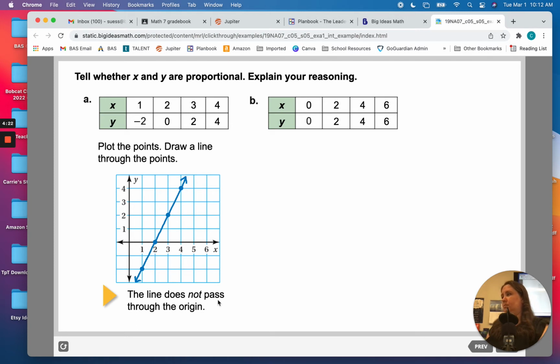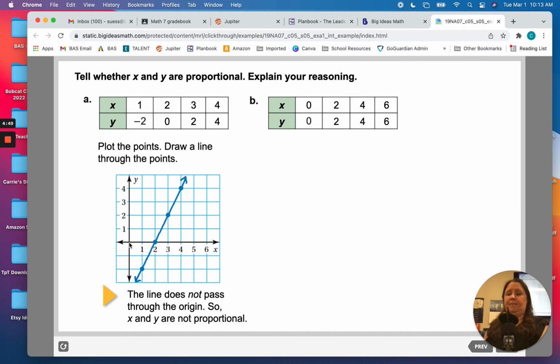Where's the origin? 0, 0. The line does not pass through the origin. In order for this to be proportional, it has to go through the origin. So the x and y are not proportional. So those are the 2 ways you check. Make sure the change is the same the whole time, and does it go through the origin?